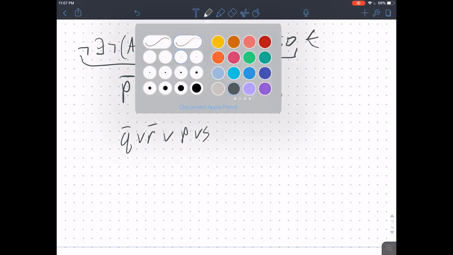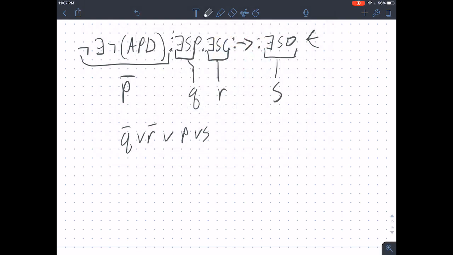So this gives us, one second. And then this P here was negated originally, but when we transformed it into CNF, it's not. So we remember not to put a negation sign back in there. And then S is just.